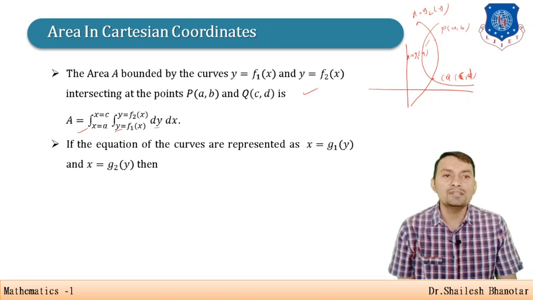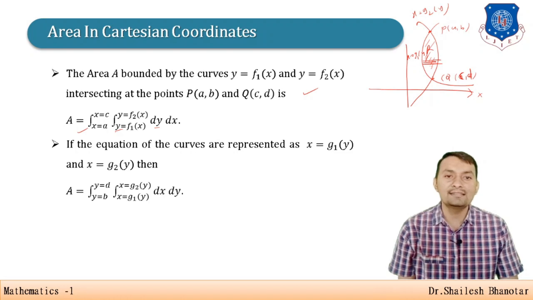In that case, I want to find the area bounded by these two curves, and I need to consider a strip which is parallel to the x-axis. The left side is x equals g1(y) and the right side is x equals g2(y).